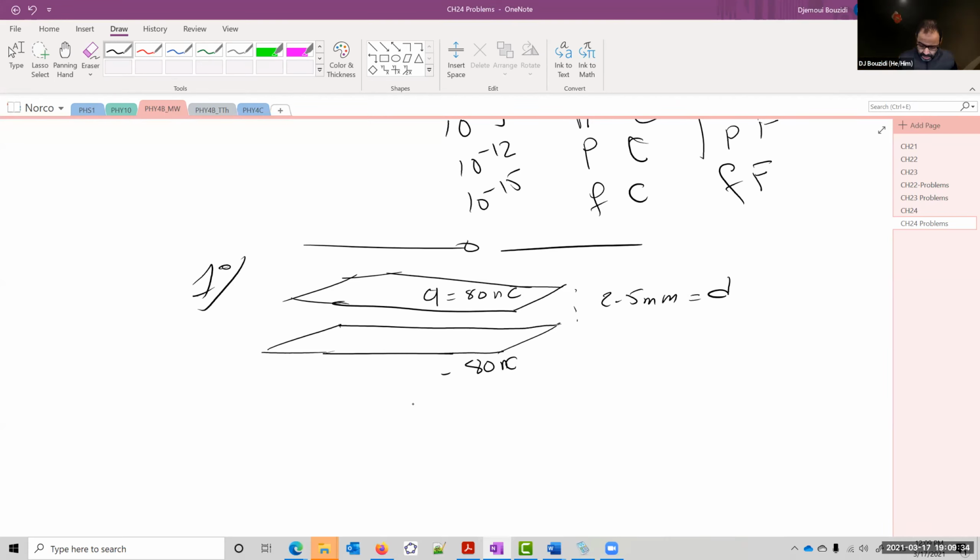Okay. Now, what is the potential difference? So we have, first of all, E, which is equal to 4 mega volt per meter. Okay. 4 times 10 to the power 6 volts per meter.